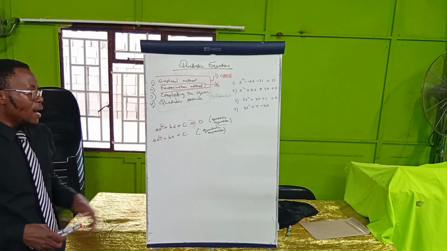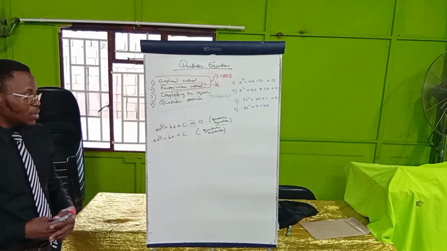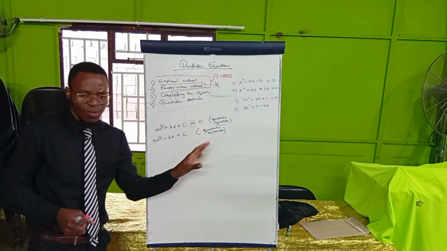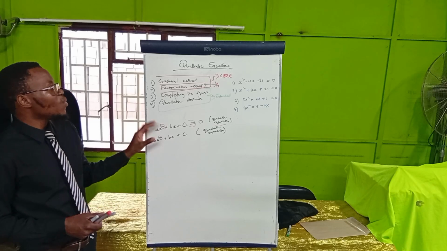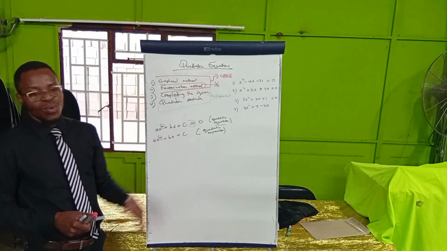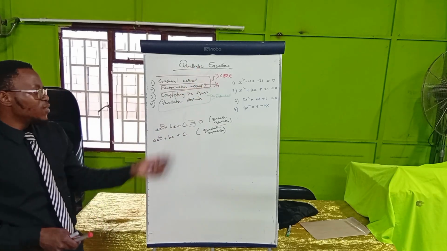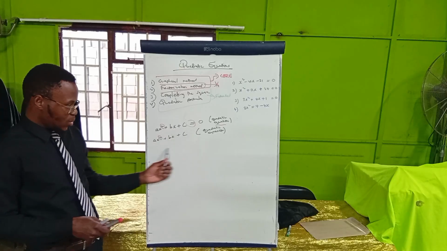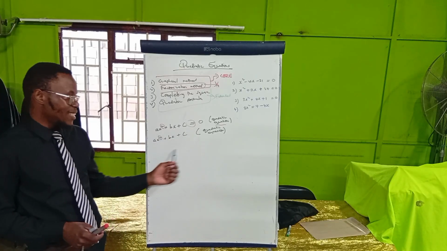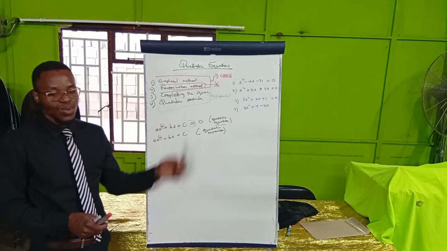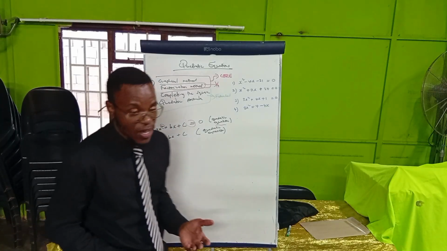The reason I am elaborating on this is because when you are solving quadratic equations, which is what we are looking at today, you will have to start by using factorization to factorize the quadratic expression, and then you can solve to find the values of x.